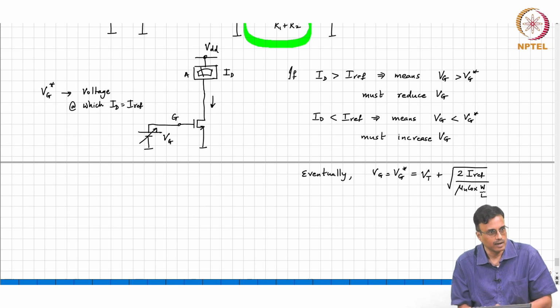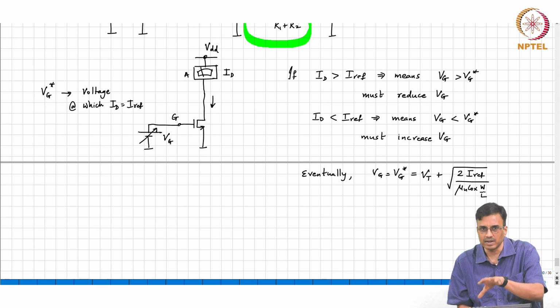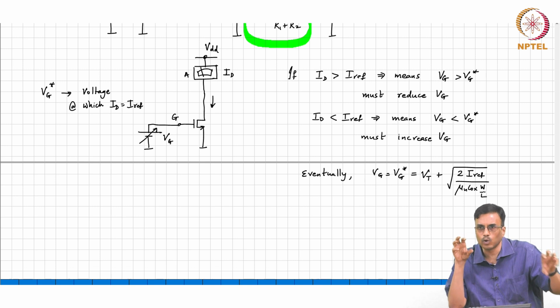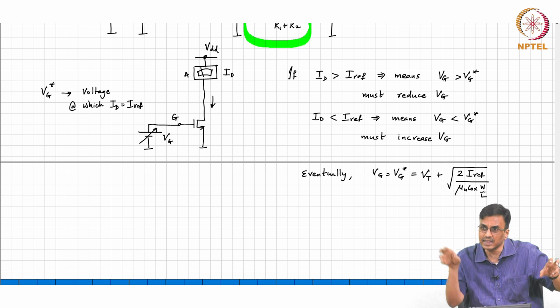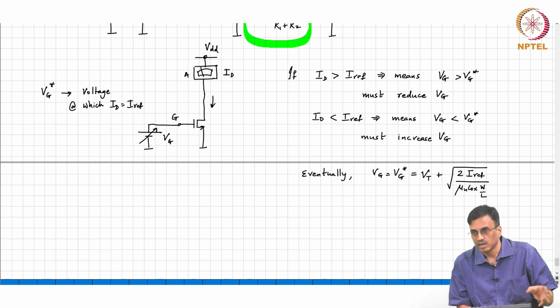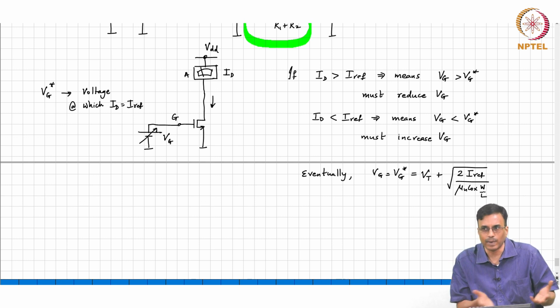You understand? These are two methods. The first method, where we put in a voltage, keep monitoring the current and tweak the gate voltage until the drain current is what we want, what is that whole mechanism? It's not trial and error.